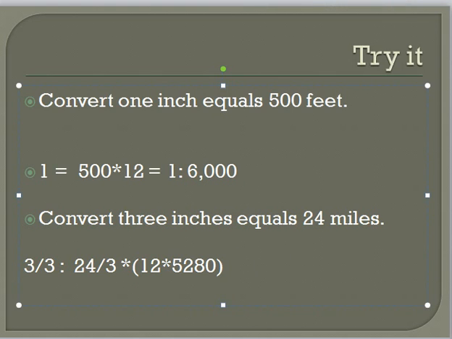So my new ratio is 1 to 506,880. All right, so that is my new ratio scale. Remember, I need to have 1 to something, so by dividing 3 by 3, I get a 1 on that one. Okay.